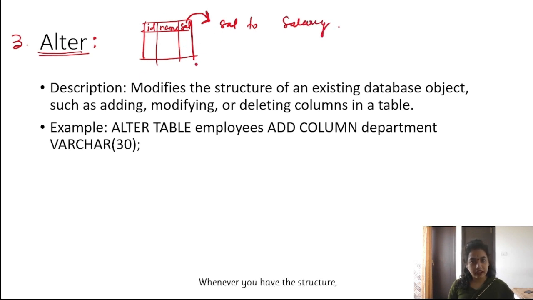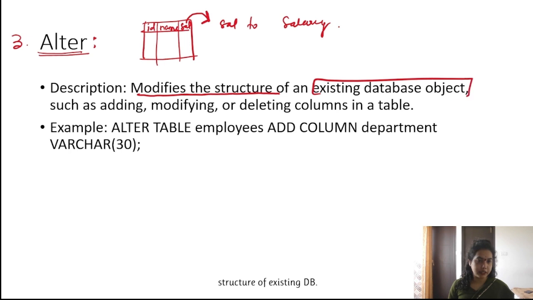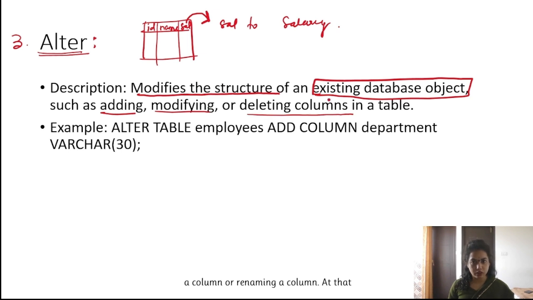Whenever you have the structure and you want to modify the structure of an existing DB object, like adding, modifying, deleting a column or renaming a column, at that time you go for alter. Now see this example.